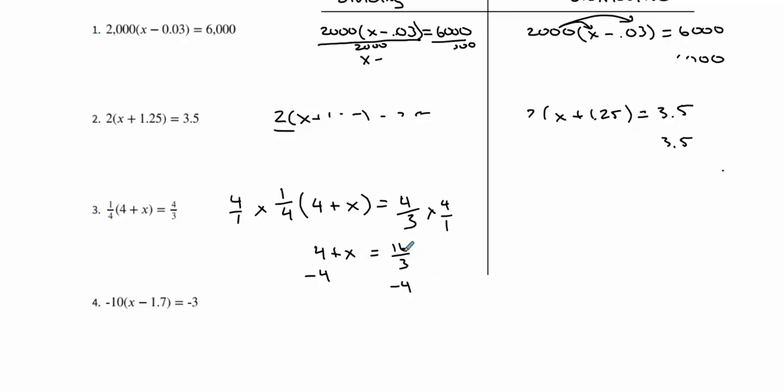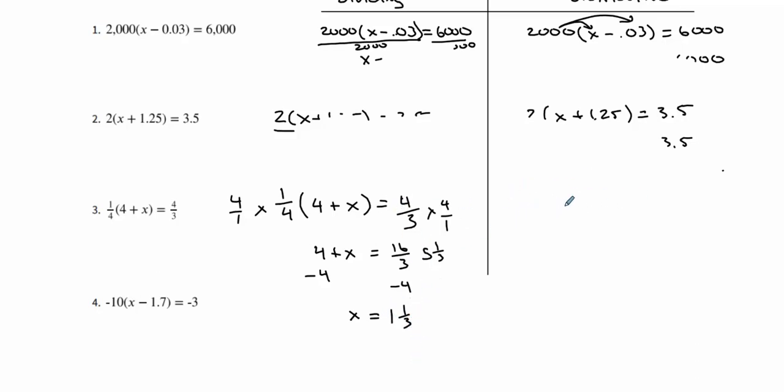16/3, I'm going to change that into a mixed number. 3 goes into 16, 5 with 1 left over, so this was 5 and 1/3, minus 4. x is equal to 1 and 1/3. Okay, that was pretty simple without a calculator.